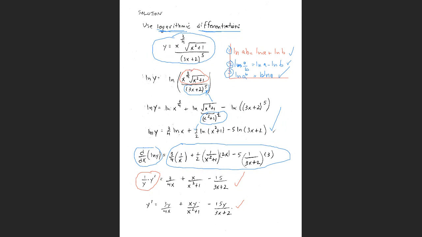I mean, we're not quite done yet, because y was originally a function of x. Y was a function of that complicated function of x. So our derivative of this function should be able to be written as a function of x. So WebAssign would not accept this answer.